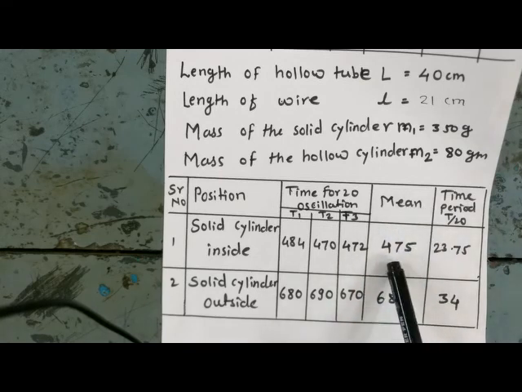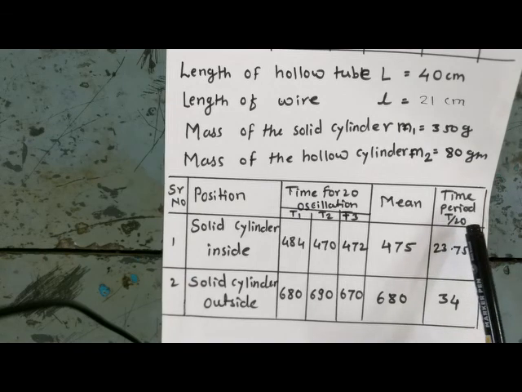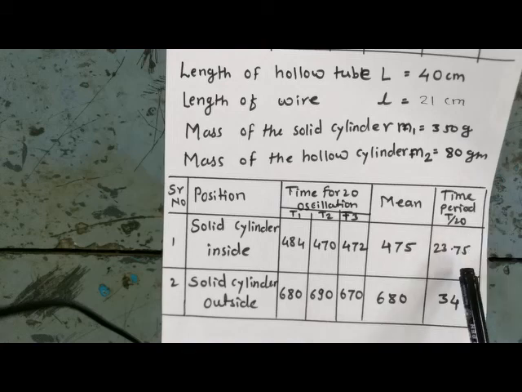The mean is 475, and the time period is T divided by 20, so we get 23.75.